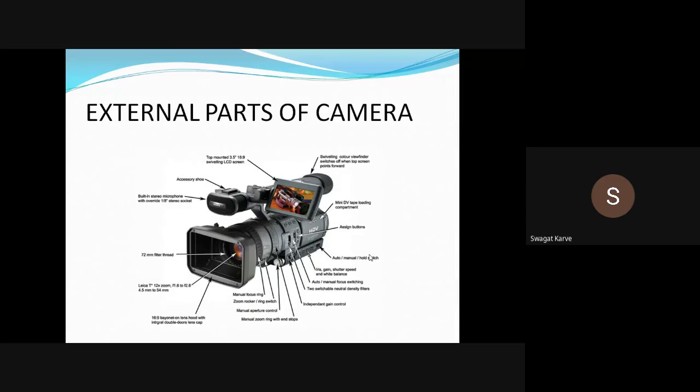Okay. Now these are the external parts of the camera. Now what are different external parts? See, there are some internal parts, there are some external parts. So this is what the external parts of camera. So you have that viewfinder, LCD screen, then you have different buttons to change the automatic manual mode. So you have lens, but obviously lens is there. To record the voice, you have a mic, right? Then you have a mini DV tape holding component.